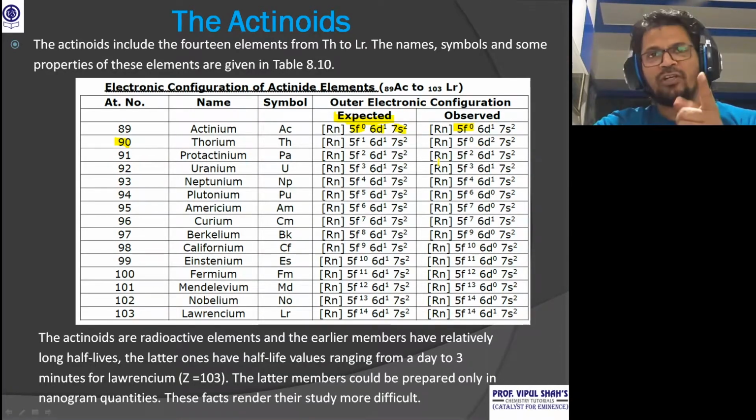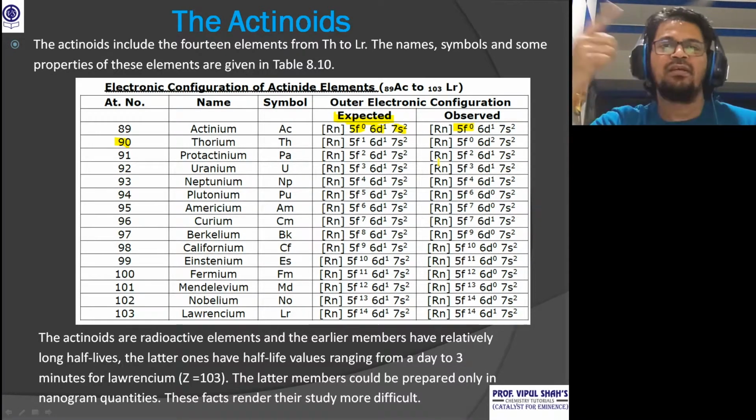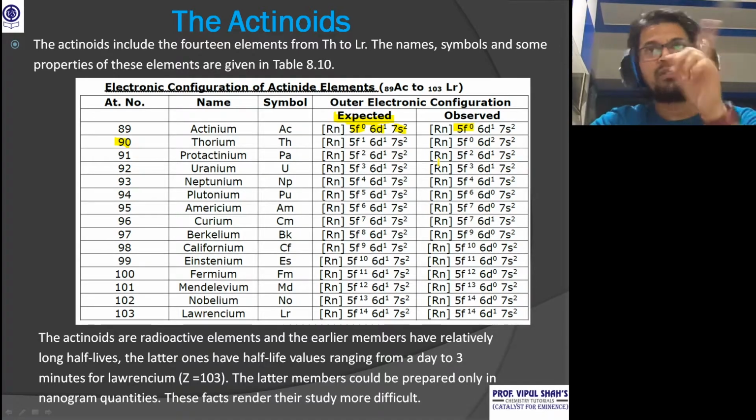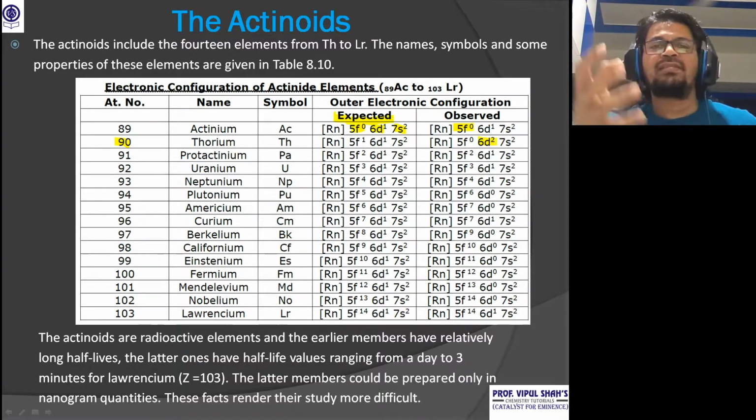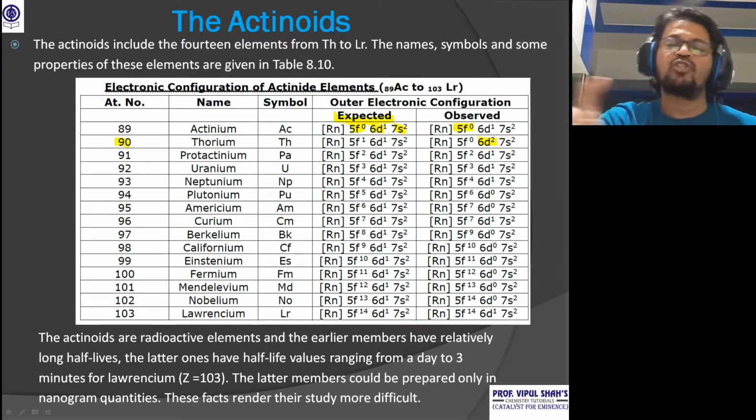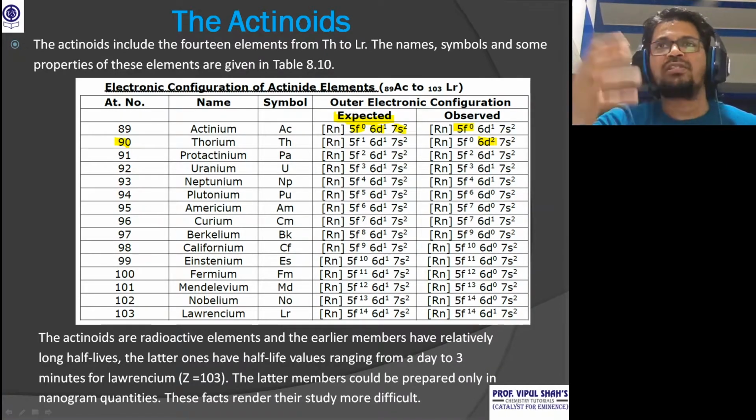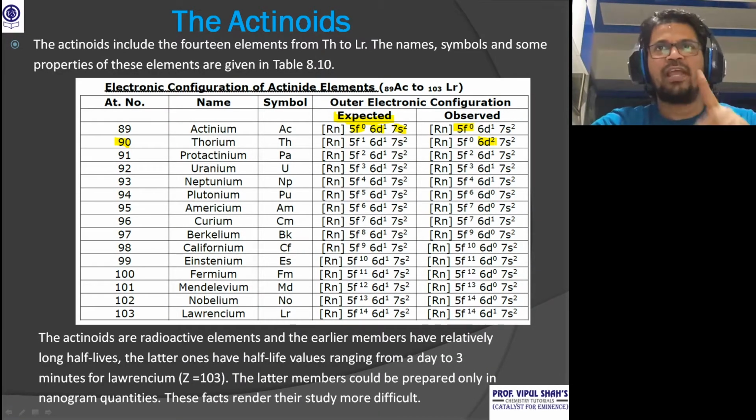People, 5f1 should have gone in, but what is happening? Because of the small energy difference between 5f and 6d, straight away 2 electrons jump into 6d. So we have a very anomalous configuration, 6d2. Technically it should remain 6d1, but the X-ray spectra show that there are 2 electrons in its 6d orbital. There, 5f is still empty.